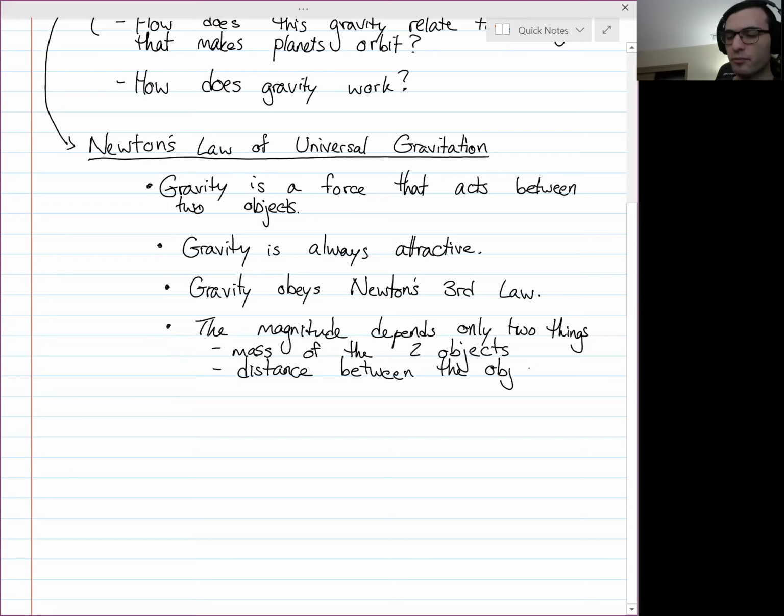Now, the first relationship, that it depends on the mass of the two objects, in particular, it is proportional to the product, m1 times m2. The way that the gravitational force depends on the distance between the two objects is that it follows an inverse square law.